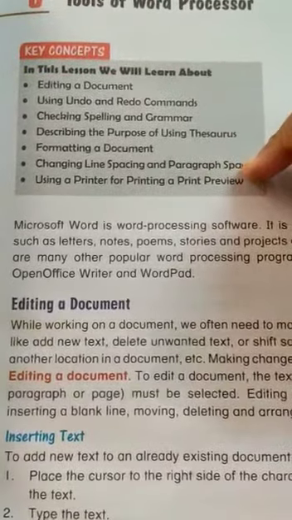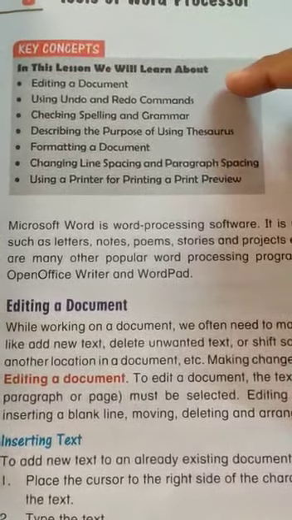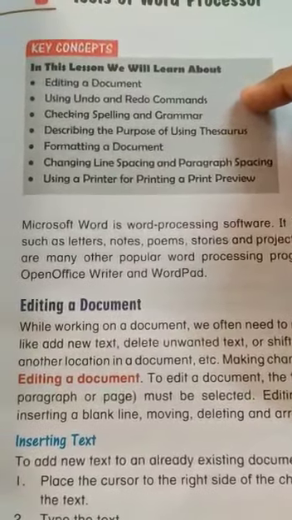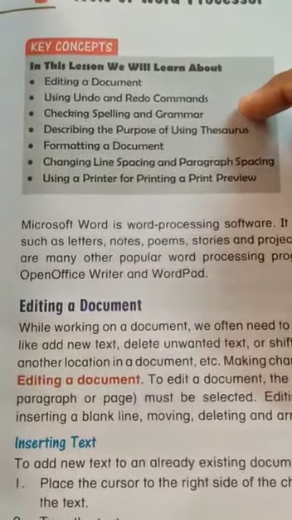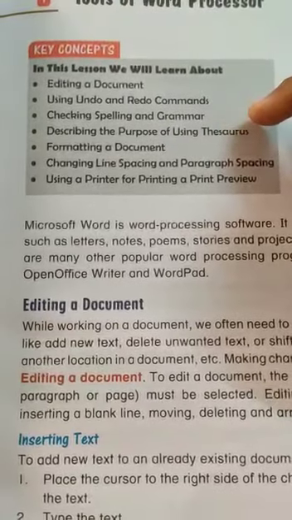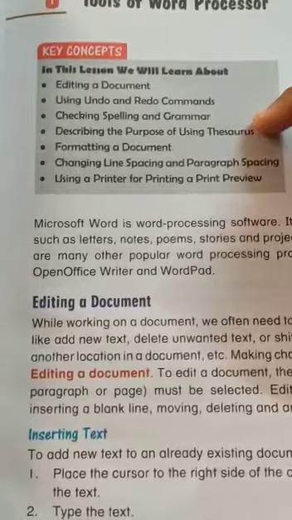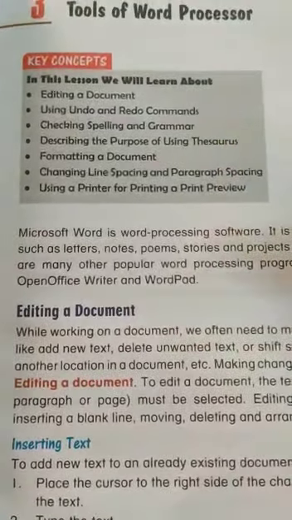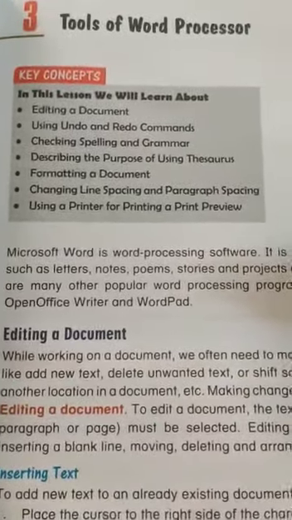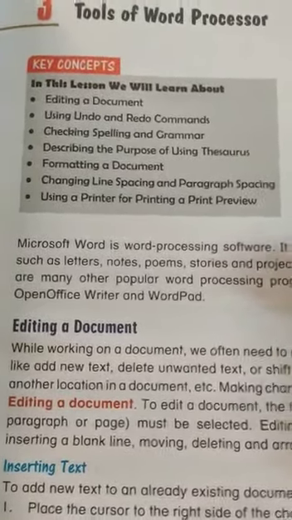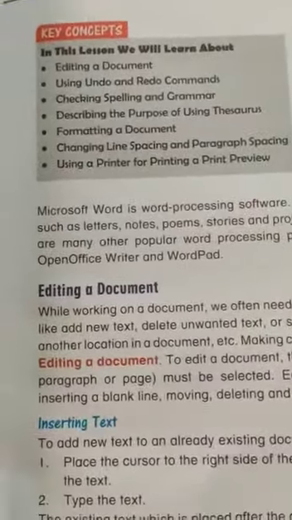These are the key concepts, that in this we will be learning about editing a document, using undo and redo command, checking spelling and grammar, describing the purpose of using thesaurus, formatting of document, changing line spacing and paragraph spacing, using a printer for printing, and print preview. So I will give you just a short recap about this.